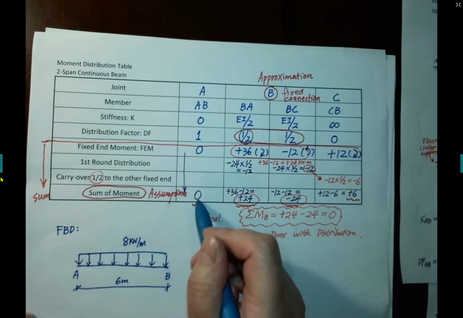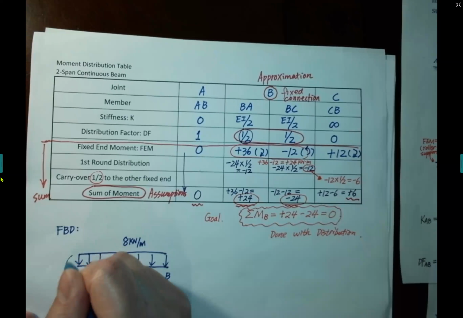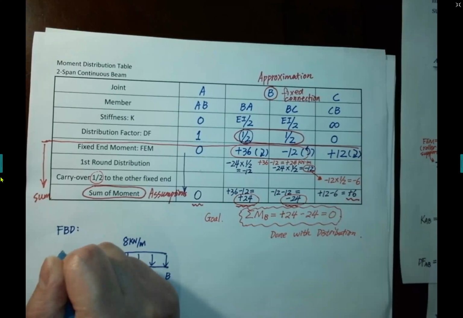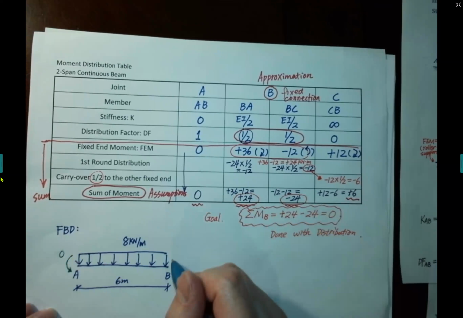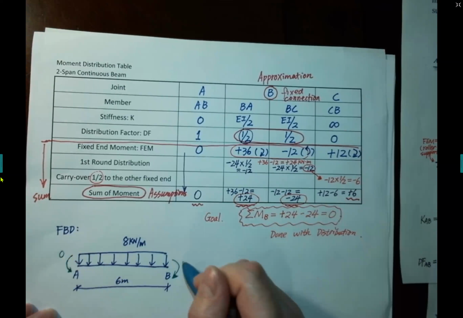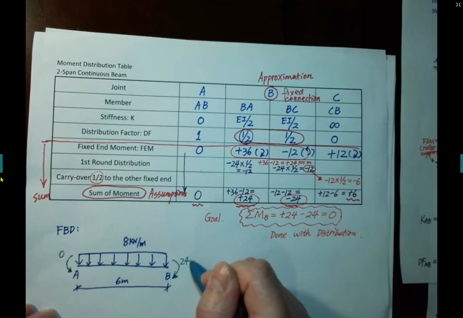We already have the moment at A. I use the green color to represent the known values. That's our assumption. At A it is 0. And at the B end, positive 24 means it's clockwise 24 kilonewton meter.